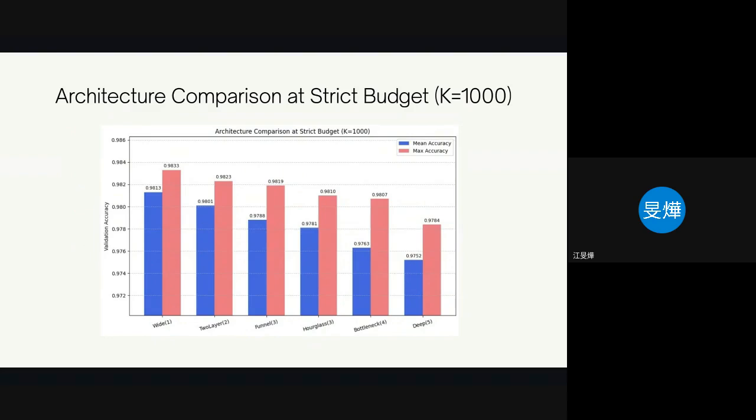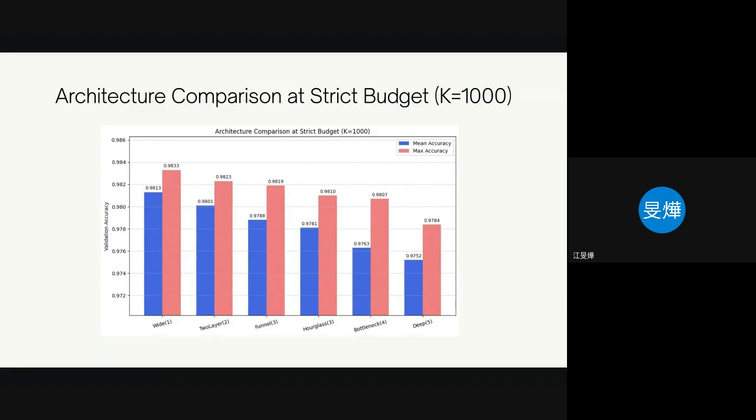So we show the output here, and we can see there's a clear inverse relationship between network depth and performance. I have shown the layer numbers on the bottom.